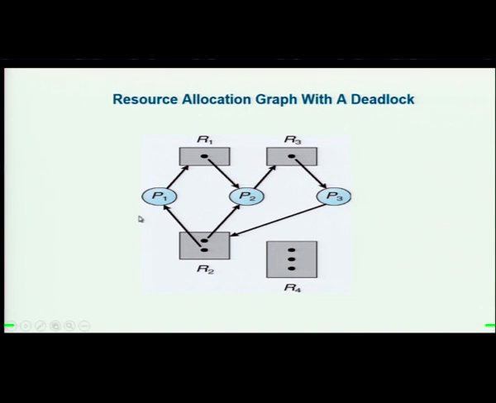With the deadlock, it is easy to understand that P1 got R1, R1 is given to P2, P2 is wanting R3, R3 is given to P3, P3 wanted R2 but is not available. So there is clearly a reason to believe that there is a cycle.